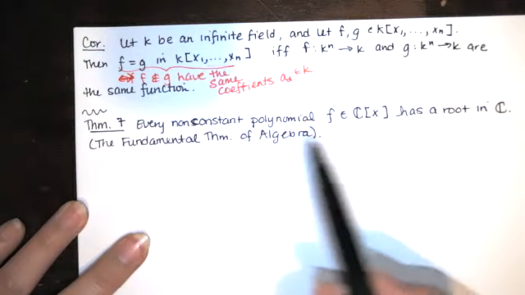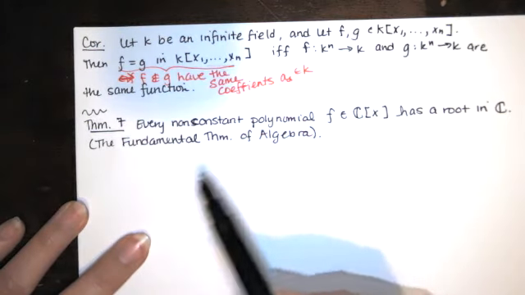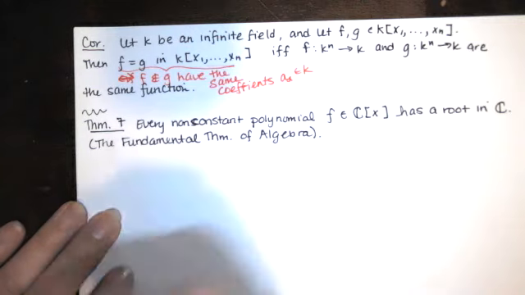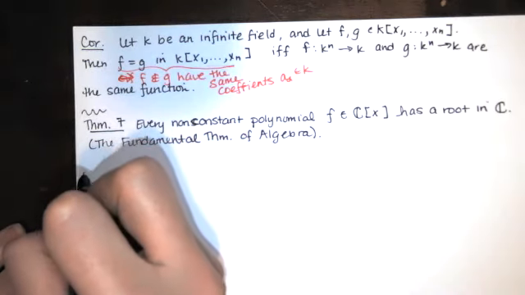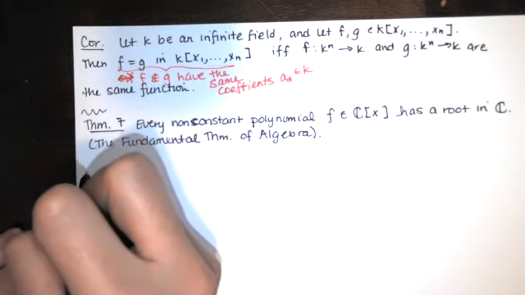Now, this is equivalent to saying that C is algebraically closed, another important definition for algebraic geometry.